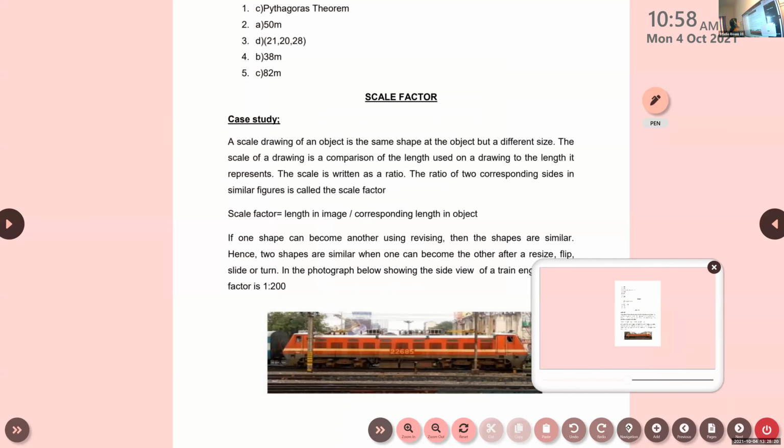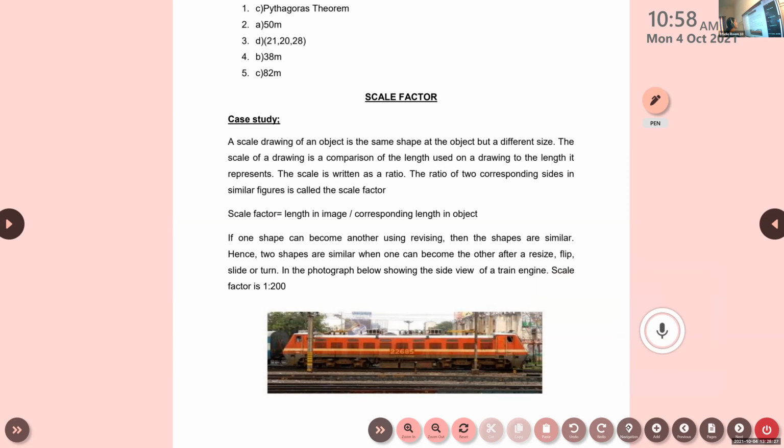Read the next part given here. The next question is scale factor. What is meant by scale factor? A scale drawing of an object is the same shape as the object but of a different size, isn't it? Okay, scale factor.